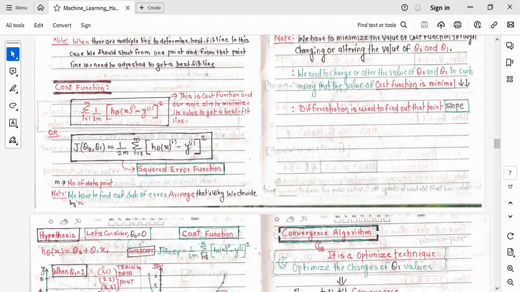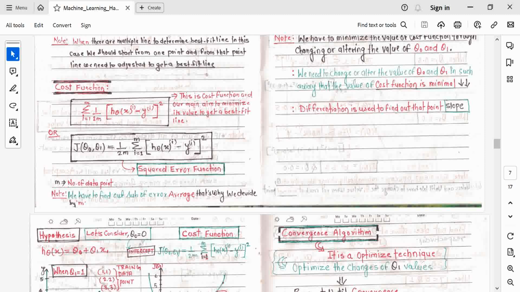Between the actual points and the predicted points we find the residual value, and to get a best fit line there must be a minimum residual value. To find the minimum residual value, we use the cost function with these notations.